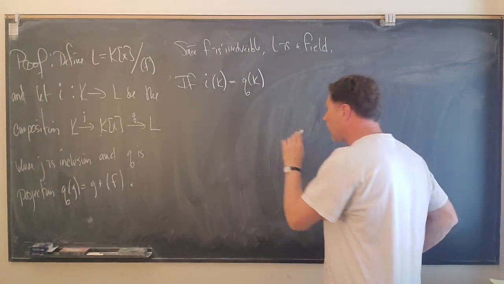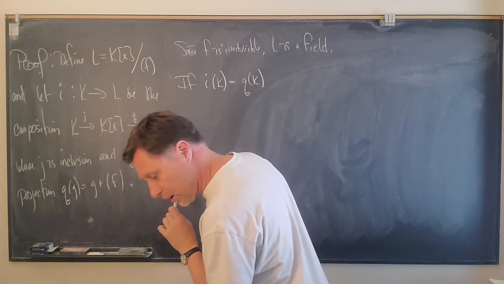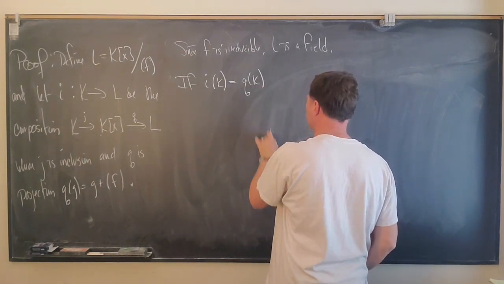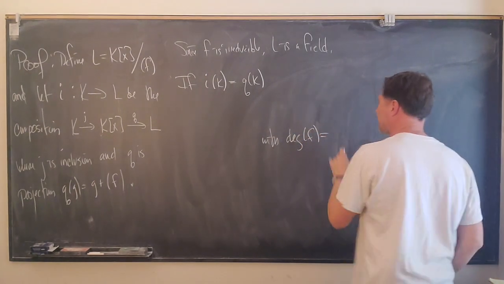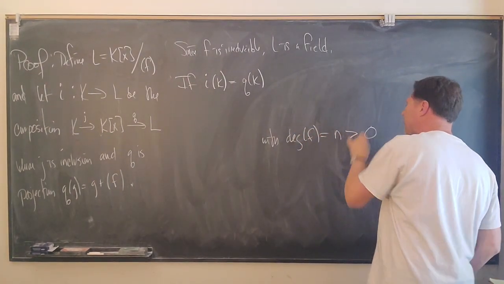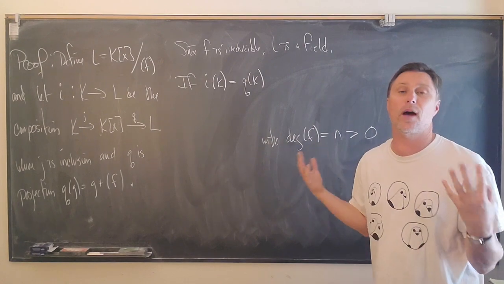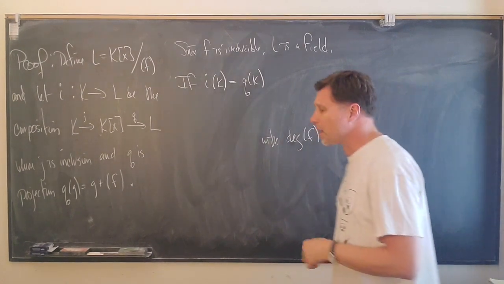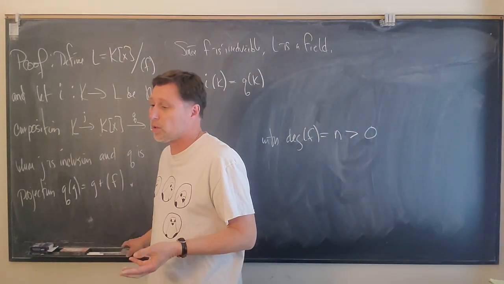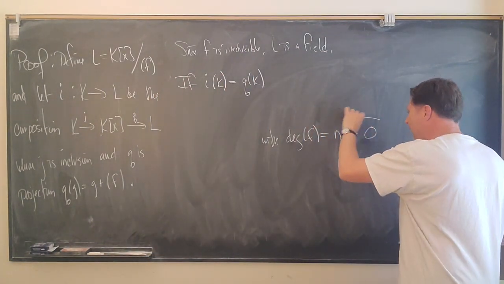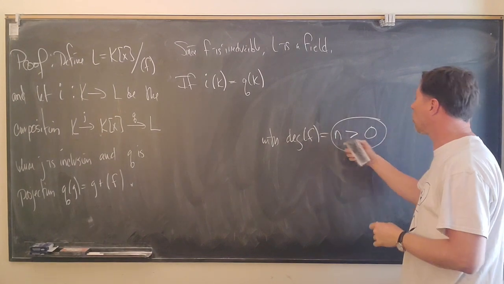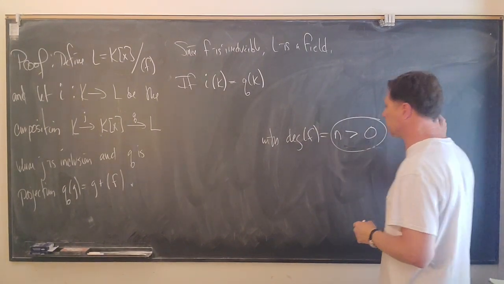Okay, so I'm sorry. In there, where I said the degree of f equal to n, I needed to specify that n is greater than 0. Obviously a degree 0, constant polynomial is not going to have a root unless it's the 0 polynomial. So sorry, insert that right there because I need to be working with non-constant polynomials.